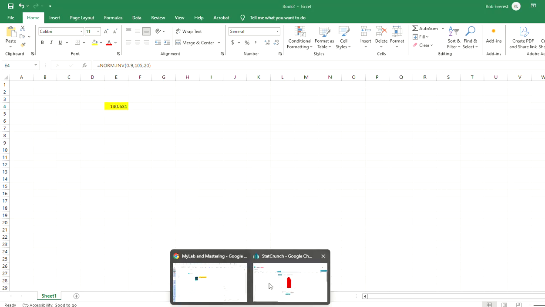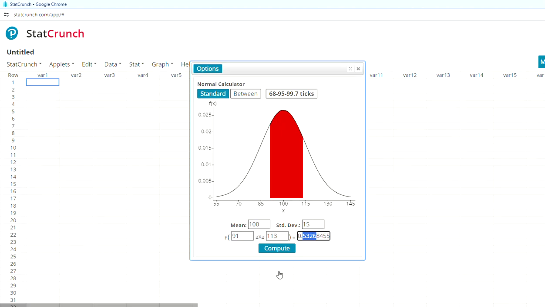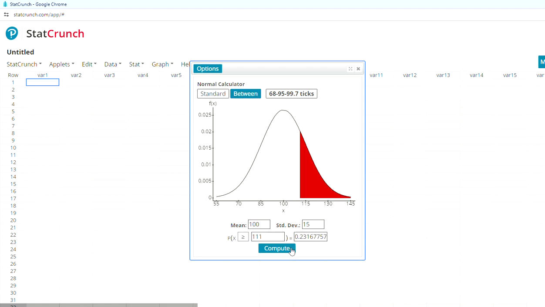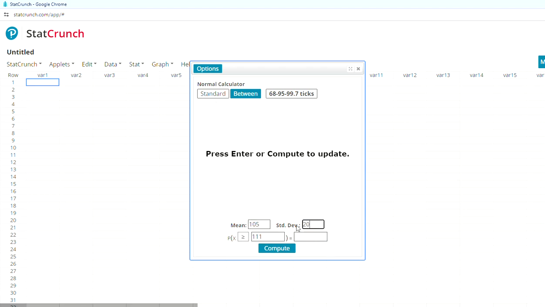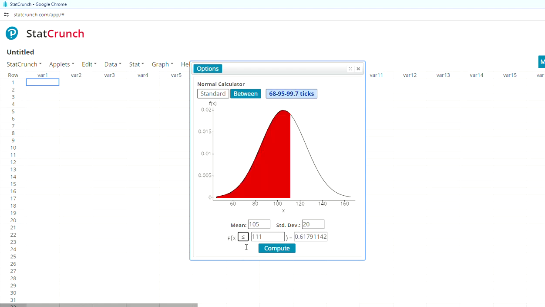StatCrunch is really cool. StatCrunch enables you to also find a boundary value for the top and bottom percentiles by changing this to standard if it's in between, and then you mark the mean here and the standard deviation, and instead of putting the boundary value here, again, we're going to want the area to the left, so I can put less than or equal to here.